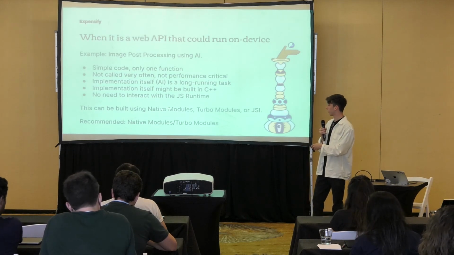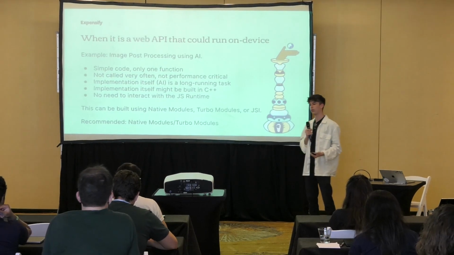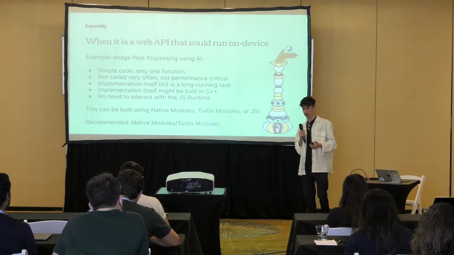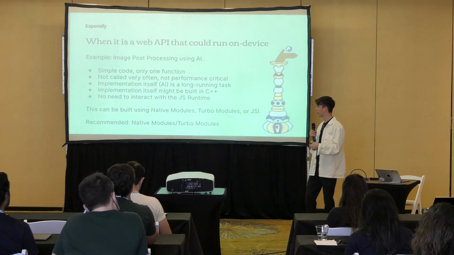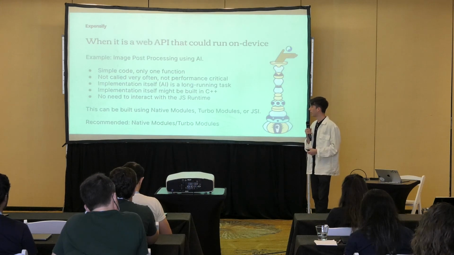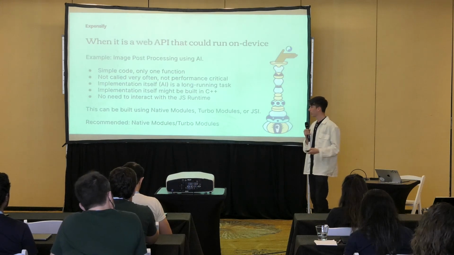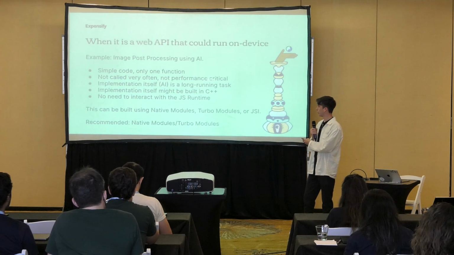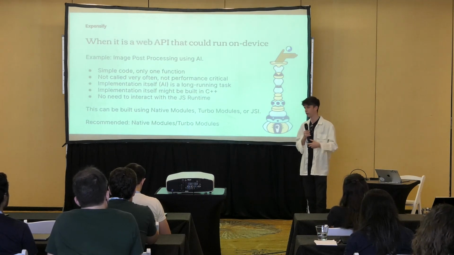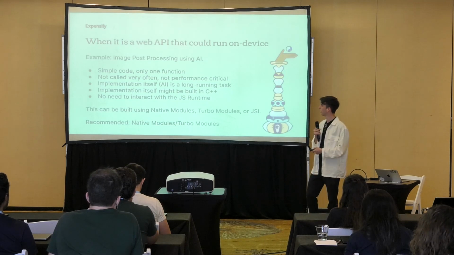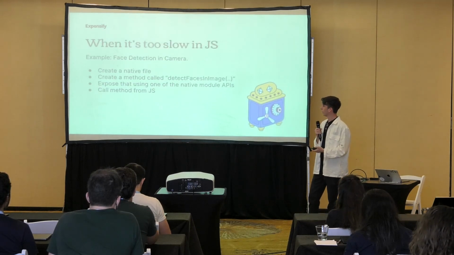Then it can be built using native modules or turbo modules because you're probably going to use some native APIs for that. Let's say the image is a file path, you have to load the file path, do your processing part, and then return a value. With performance critical, I mean it's not called very often. Maybe the code itself is performance critical, but it's only called once in a while from JavaScript. So then we don't really need the fast bridging performance.